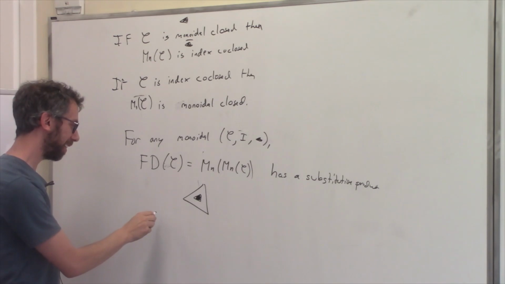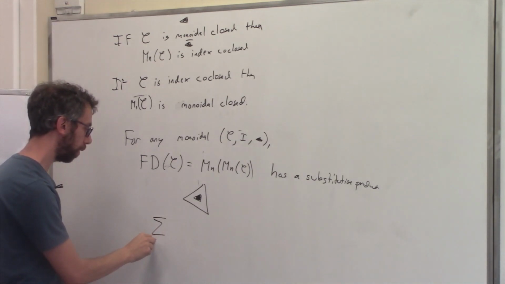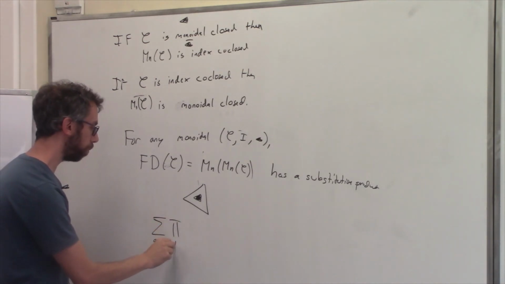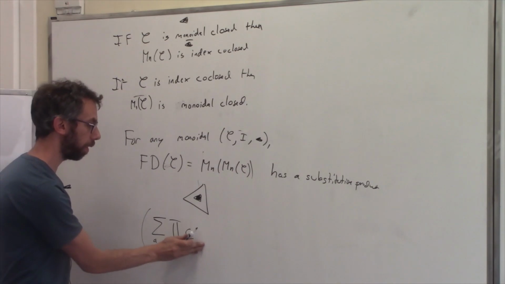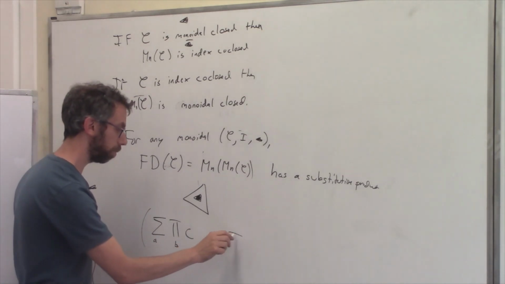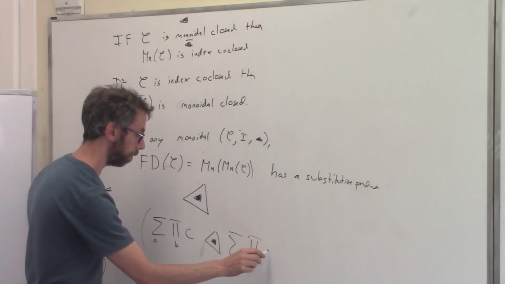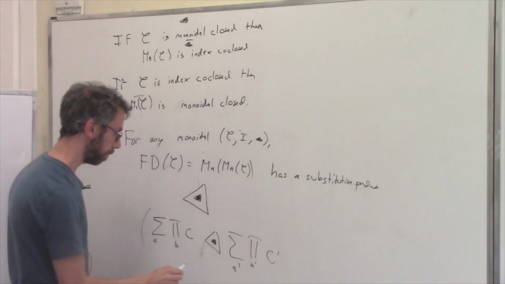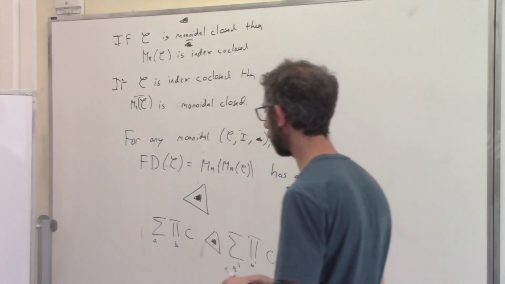So what you do is you have some sigma over A of pi over B of C, and you want to compose it, using your old structure on the inside but this new thing on the outside, with sigma over A prime of pi over B prime of C prime. And what you get is, it's not so bad because everything's free.